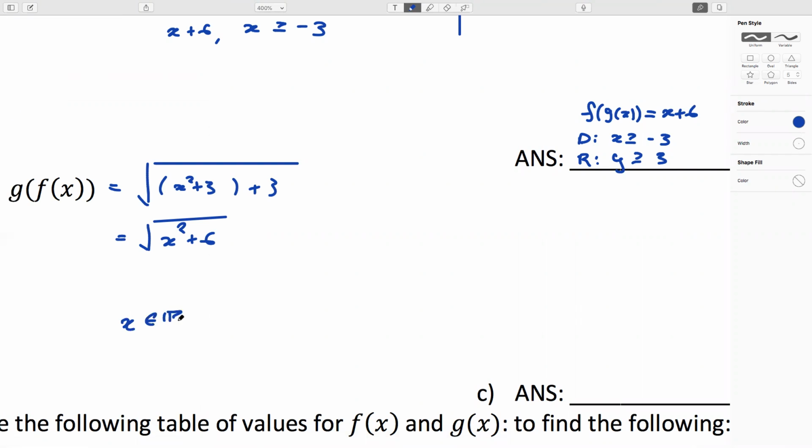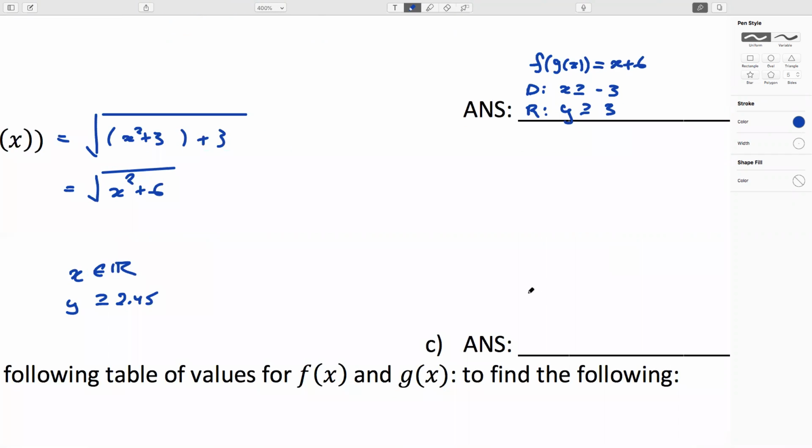X is all real numbers, y is greater than or equal to 2.45, and our answer will be g of f of x equals root x squared plus 6, domain, x is in the reals, range, y is greater than or equal to 2.45.